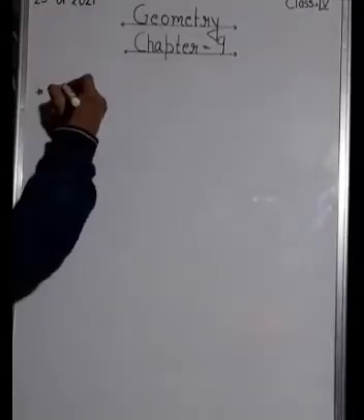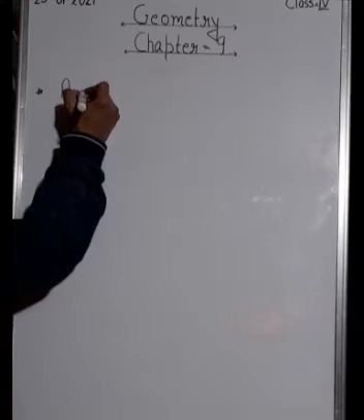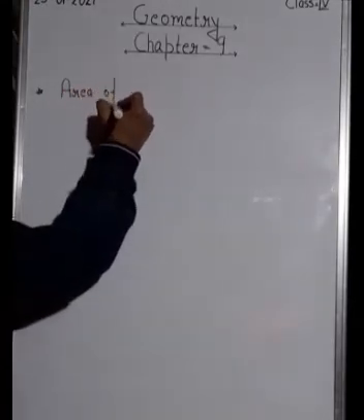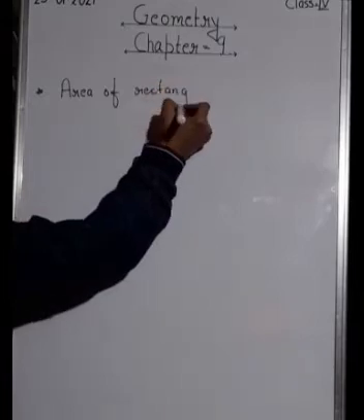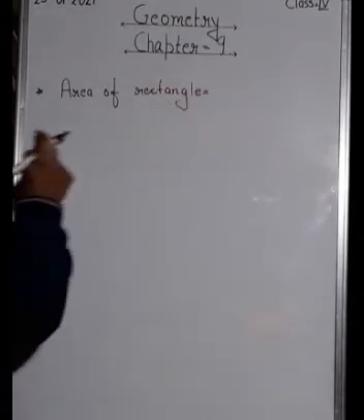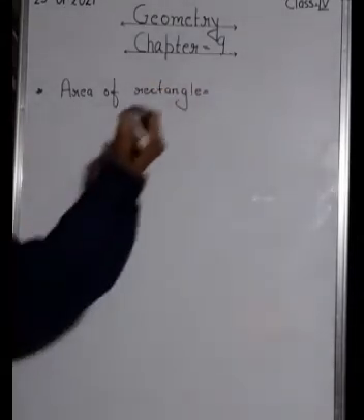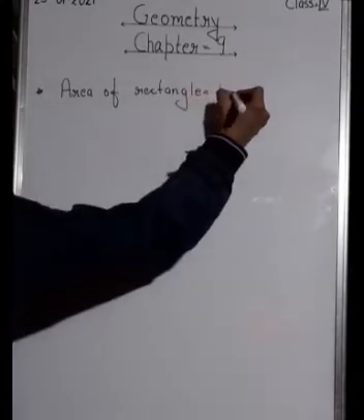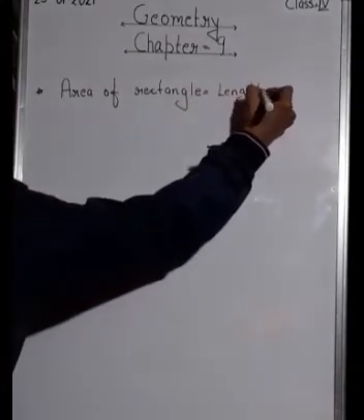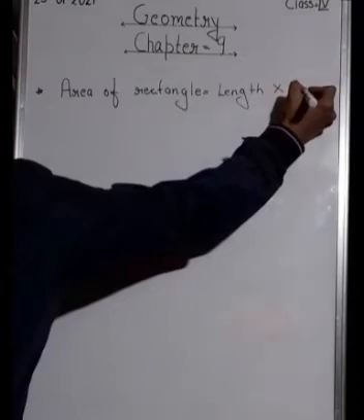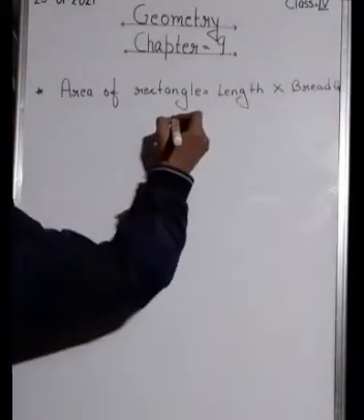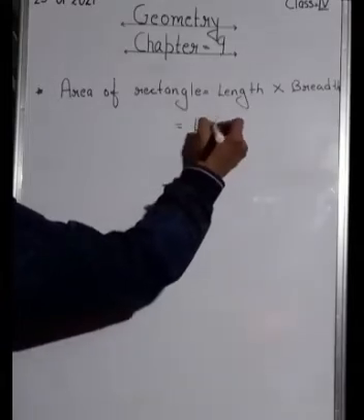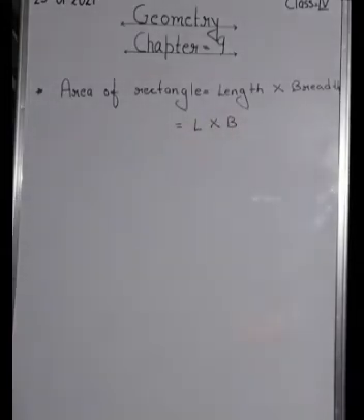Next we are having area of rectangle. Okay. So the formula for finding the area of a rectangle is length into breadth. And in short, we'll write it as L into B. Clear?